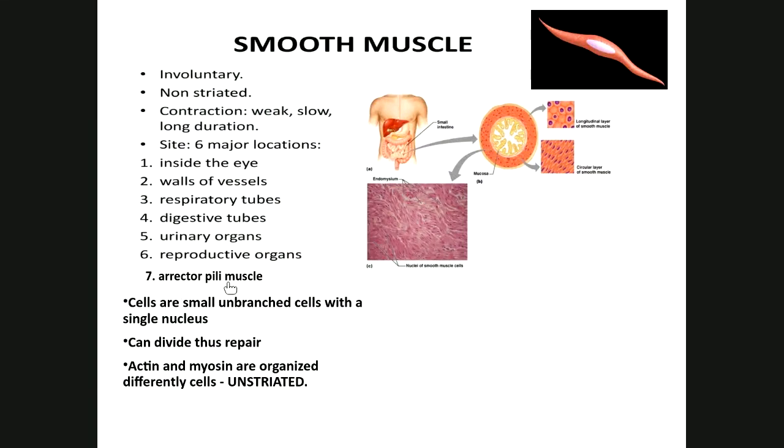Remember, those are the muscles that when they contract cause the sebaceous oil glands to secrete more sebum around the hair follicles. Smooth muscles are small and unbranched. They can divide and repair, and they are unstriated and also involuntary.